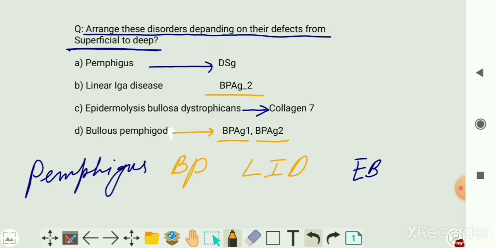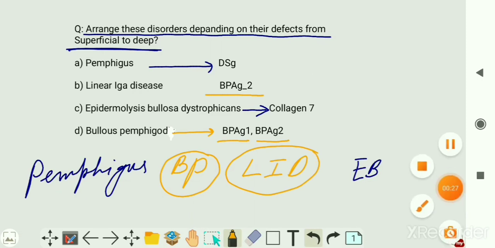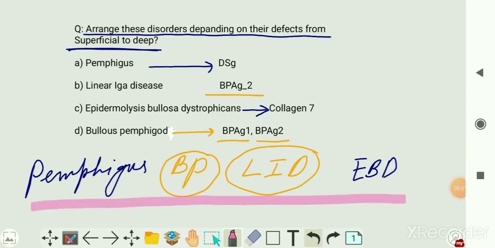Therefore, bullous pemphigoid should be placed before linear IgA disease. This is the arrangement of disorders from superficial to deep. The superficial disorder is pemphigus, then bullous pemphigoid, then linear IgA disease, and the deepest one is epidermolysis bullosa dystrophica.